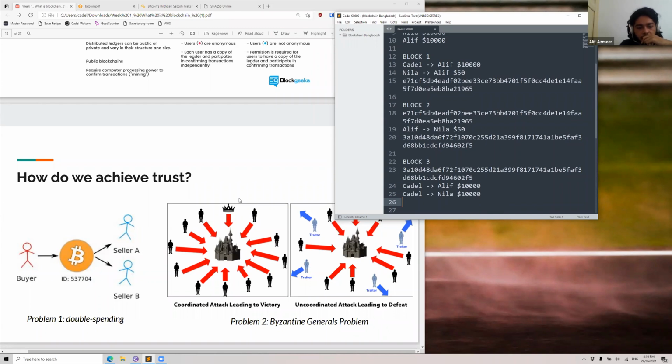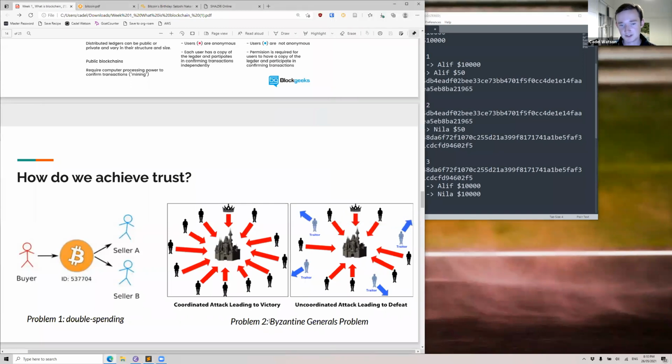Okay. So then the more general problem with the distributed network is what's called in computer science the Byzantine generals problem. This scenario is a little thought experiment. Say we are a bunch of generals, we've all got our own little armies, and we want to attack this big castle.